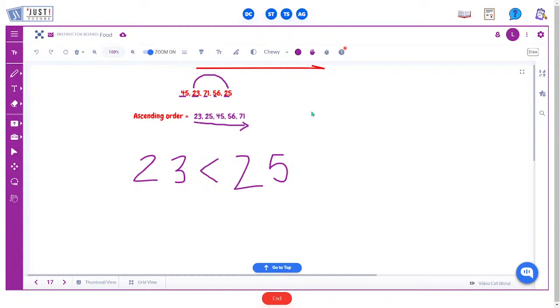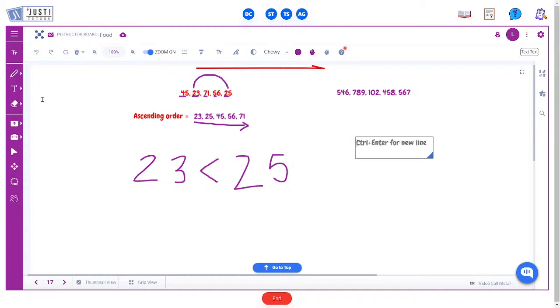Now we would try the same thing with three digit numbers this time. So I can write 546, 789, 102, 458, 567.